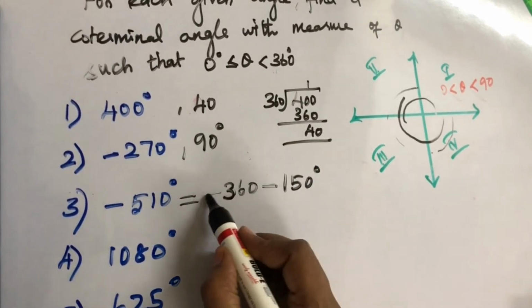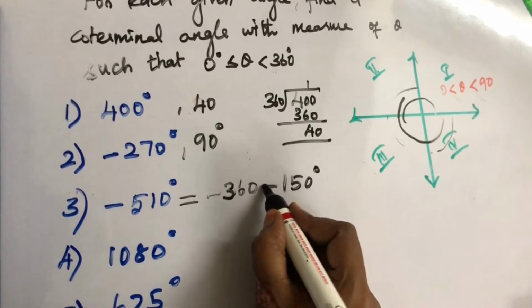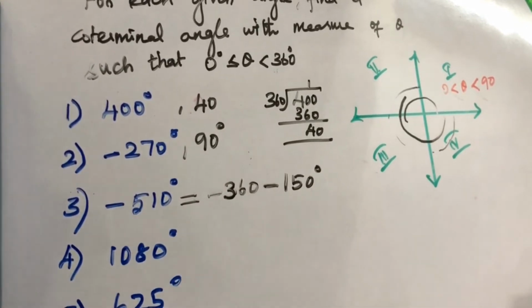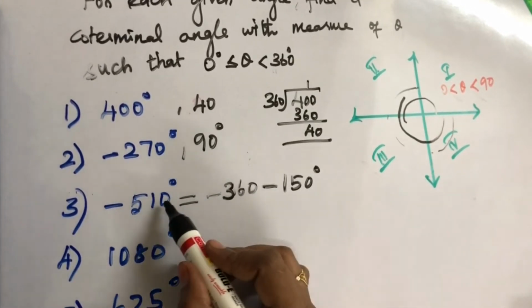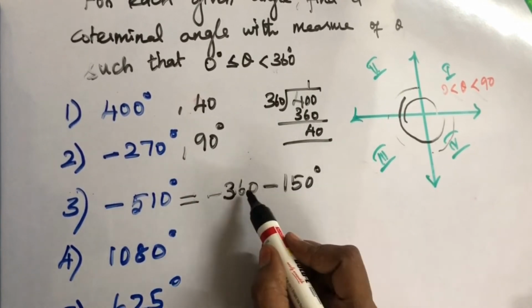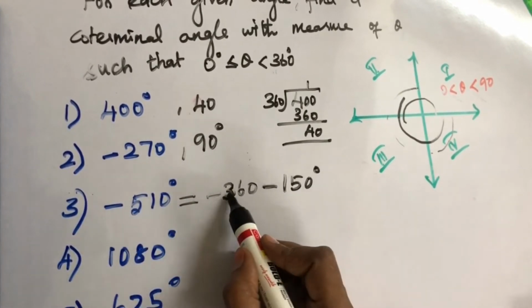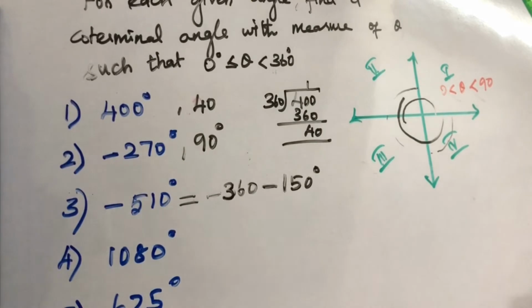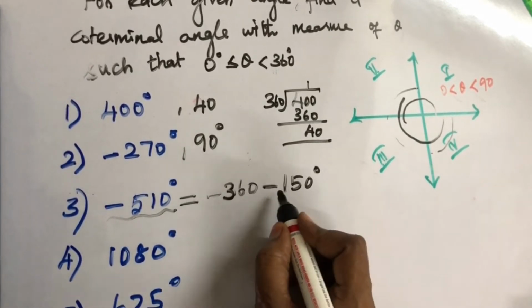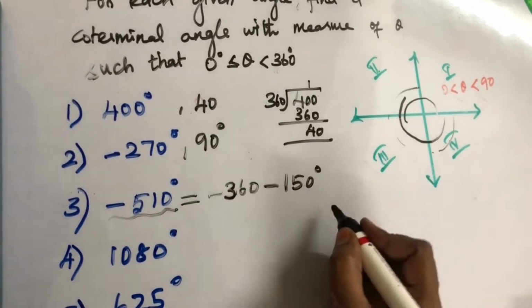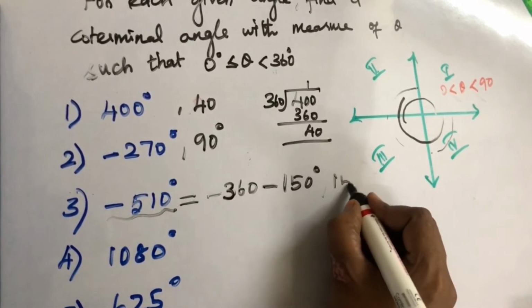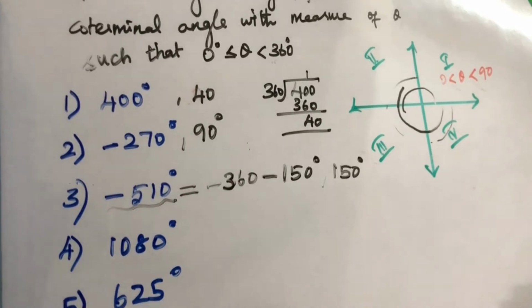Minus 360 and minus 150 will give 510, isn't it? While adding, 0, 0, then 6 and 5, 11, so 1, 3 plus 1, 4 plus 1, 5. So I can rewrite minus 510 as minus 360 minus 150. So the coterminal angle is 150 degree.